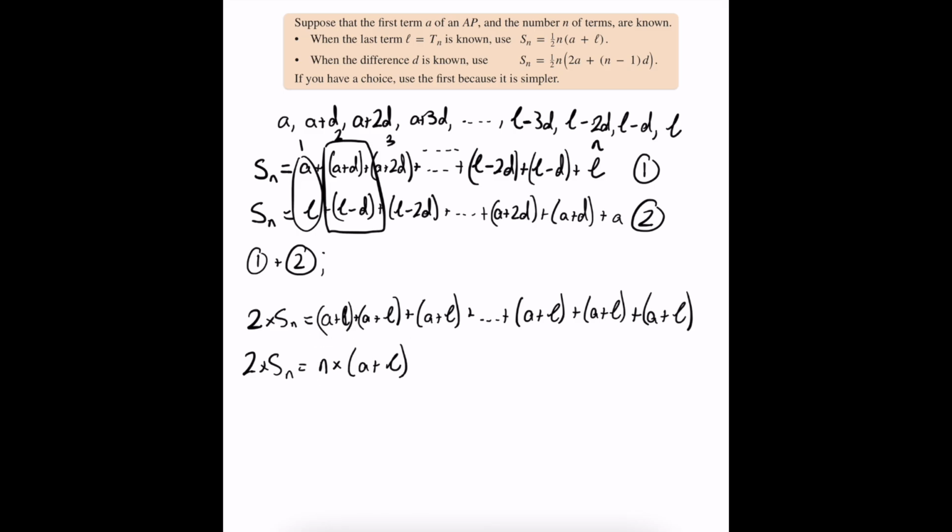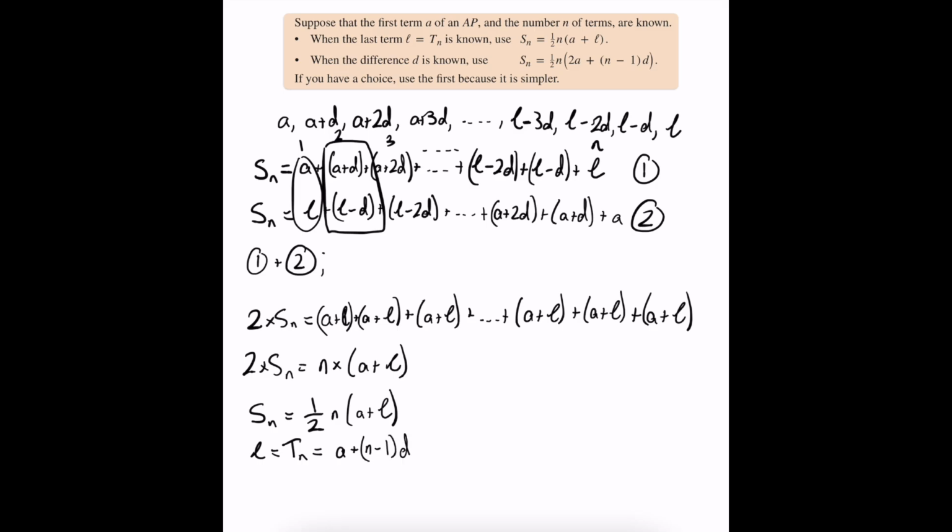And if we wanted to make Sn the subject, the sum of n terms, well, this is just equal to half n outside of (A plus L). Now we know L is the last term, and for Sn, this will be the nth term, which we should know is A plus (n minus 1)D.